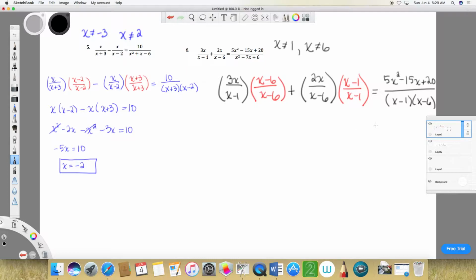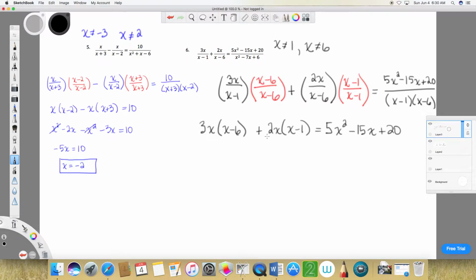All right, so let's come down here and work with the operations in the numerators, and see what we have. 3x times x minus 6, 2x times x minus 1, and 5x squared minus 15x plus 20.